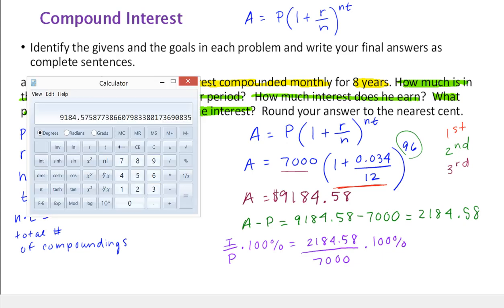We actually saw this along the way, but there's no harm in doing it this way. So 2184.58 divided by 7,000 times 100. And we'll round to 2 decimal places. There's an 8 in the thousandths place, so I'll round up to 1. So it's 31.21%, which should look familiar.